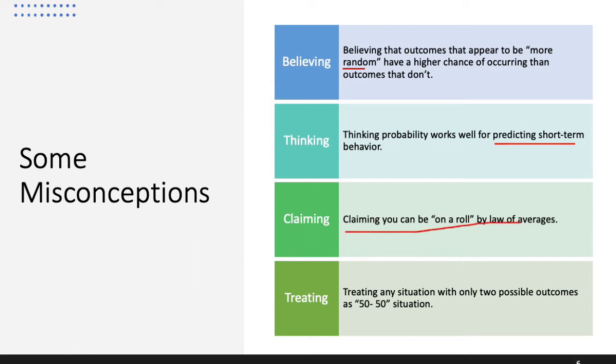Claiming you can be on a roll by the law of averages, again, is a common misconception. And also treating any situation with only 2 possible outcomes as 50-50. We know that many situations that have 2 possible outcomes do not have these types of odds, and they have very different odds in terms of outcomes.